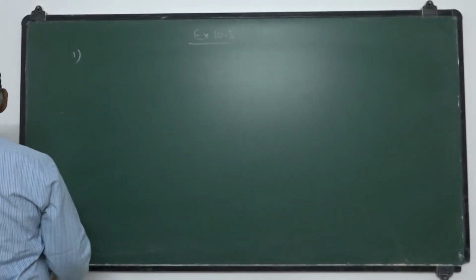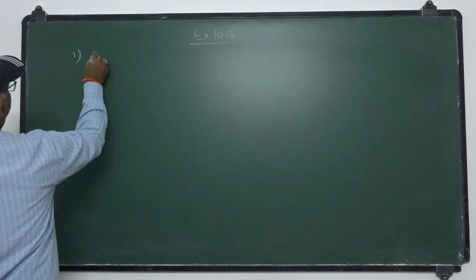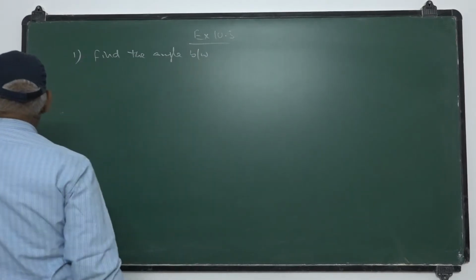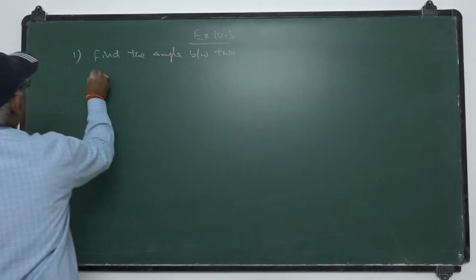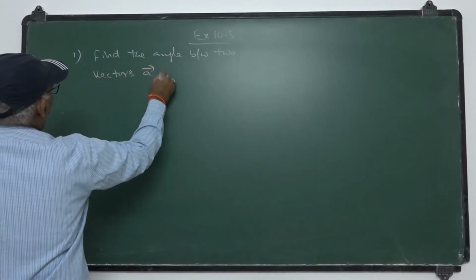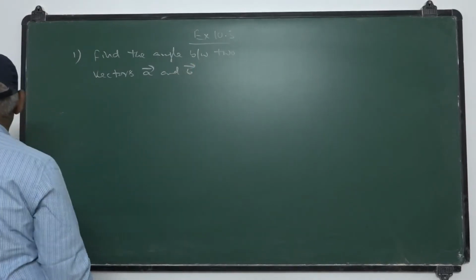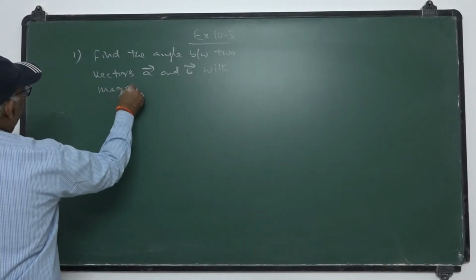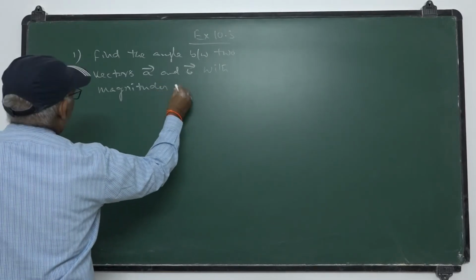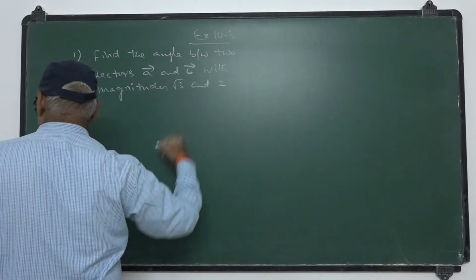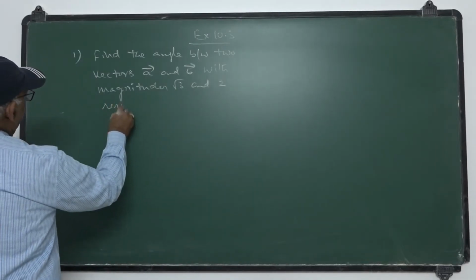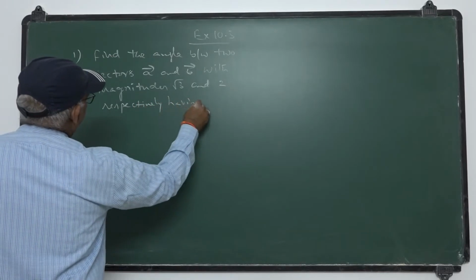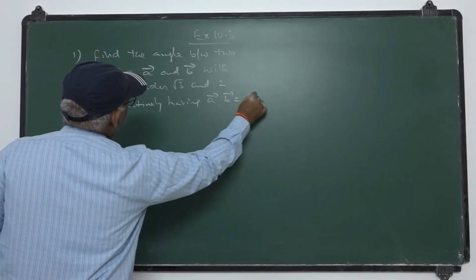First, find the angle between two vectors A bar and B bar with magnitudes root 3 and 2 respectively, having A bar dot B bar equal to root 6.